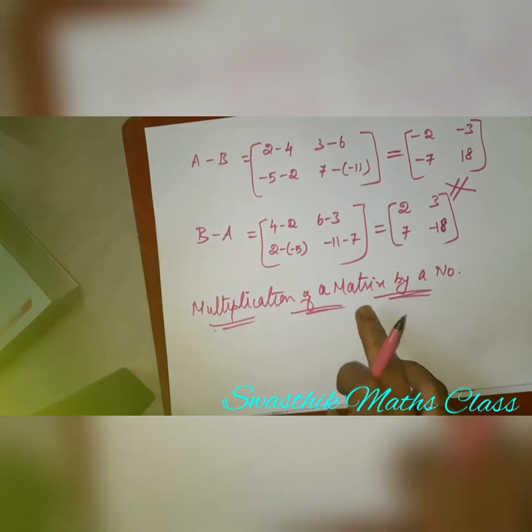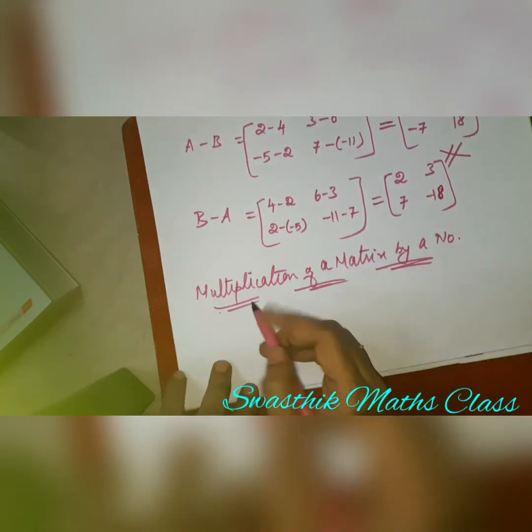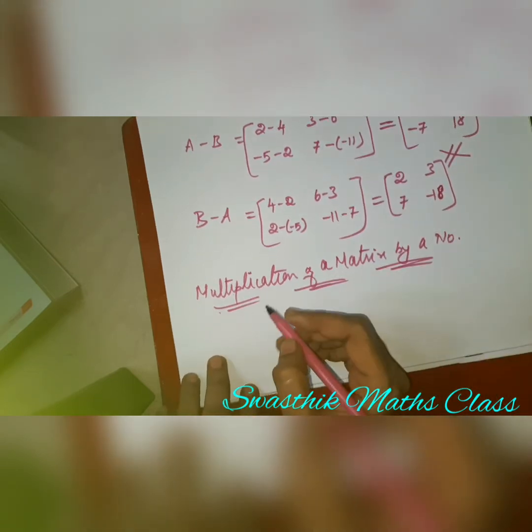So here we need only one matrix and a number, then we can produce a new matrix, right? Let's see the definition first.